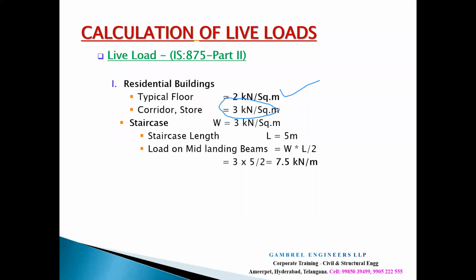You have to take 3 only for the storeroom. For the rest, the majority of areas, you can take only 2 kN per square meter. So you can consider only 2 kN per square meter and then design it.